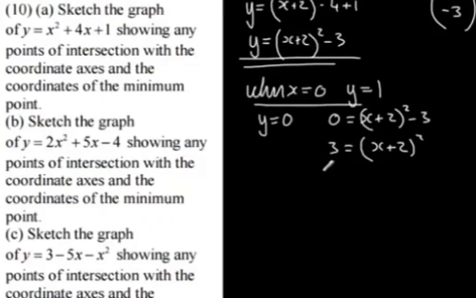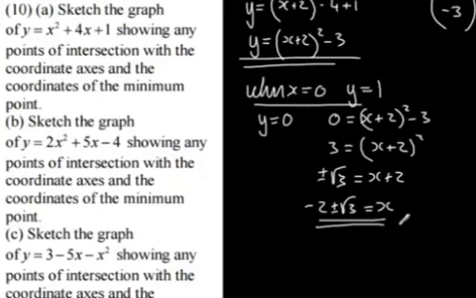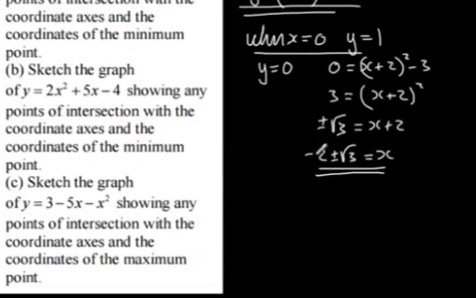Taking the square root of both sides, plus or minus the square root of 3 is equal to x plus 2. Subtracting 2 from both sides, we've got -2 plus or minus the square root of 3 will be equal to x. So we've now got where it crosses the x-axis, we've got where it crosses the y-axis, and we've got the minimum point. So that's the advantage of completing the square.